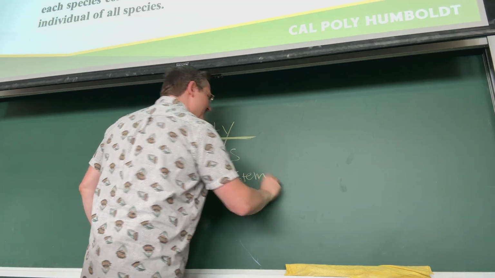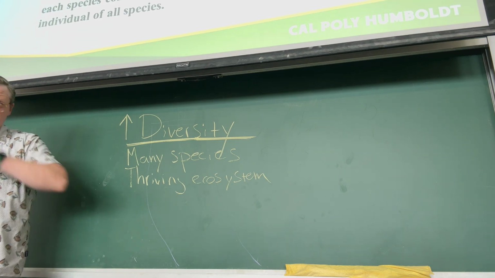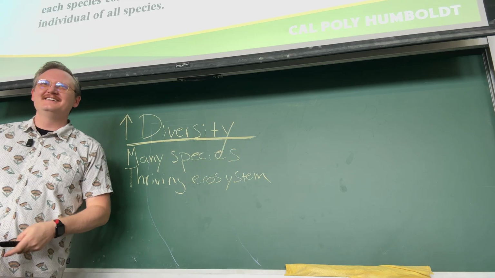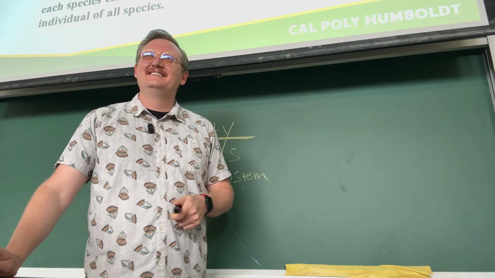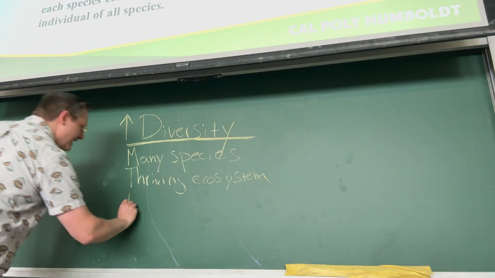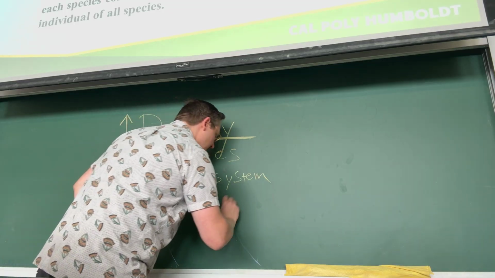Anybody else have something about a high diversity community they want to throw out there? Yes. Yeah, it'll come back to you, I promise. I was gonna say maybe less disturbed. Okay, less disturbed? Yeah. I love it.